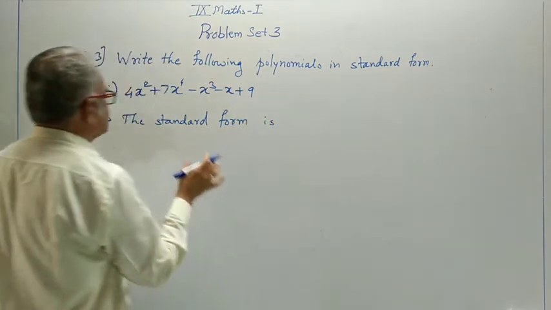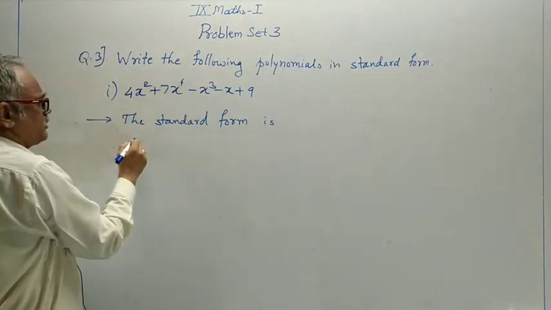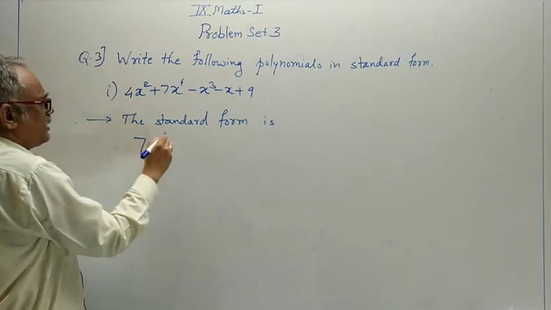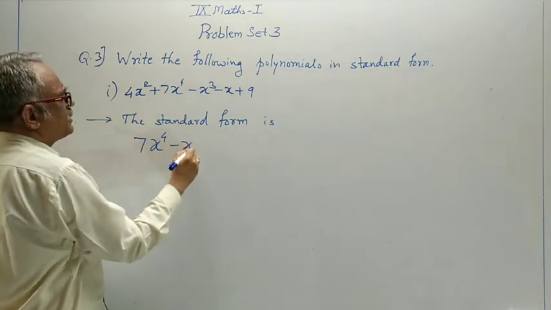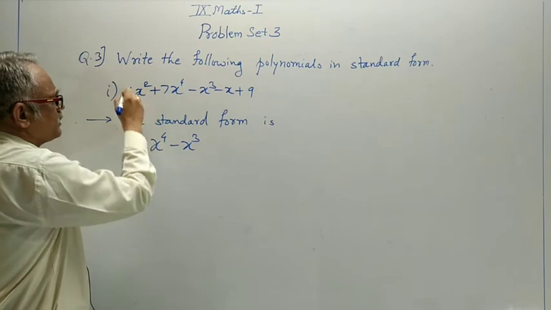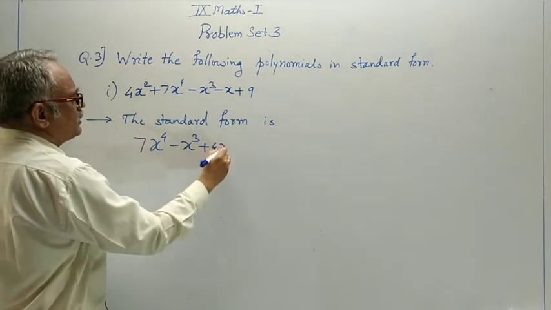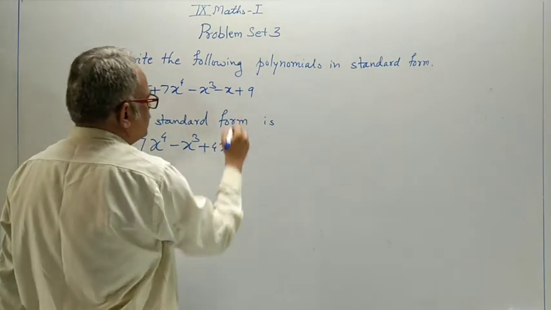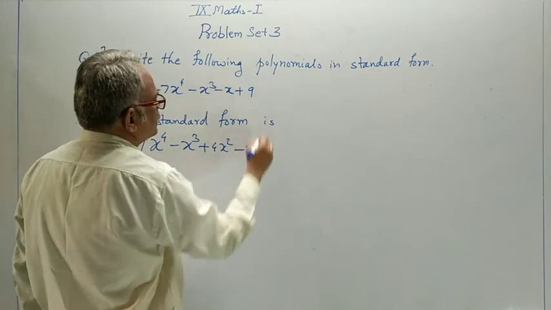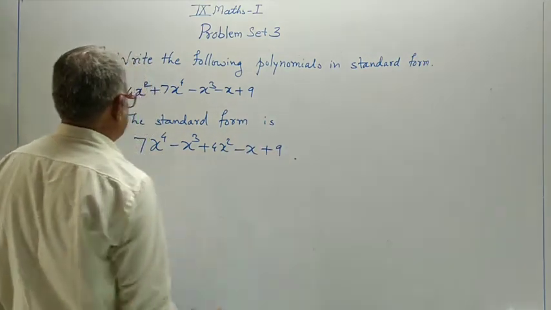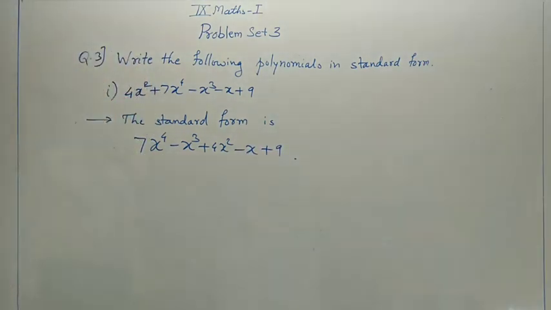First the highest degree variable term 7x raised to 4, then next minus x cube, then next plus 4x square, then next minus x, then the constant plus 9. This is the standard form.